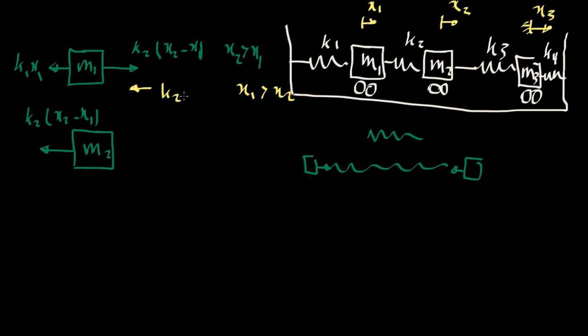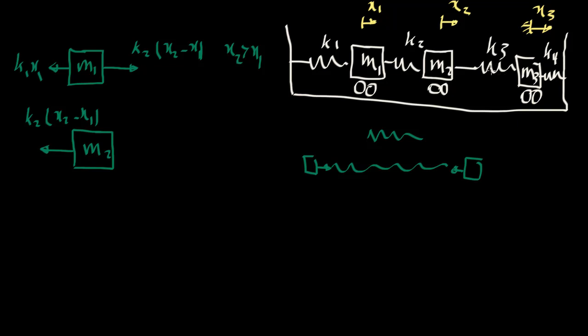And you have to put, for example, K2 times x1 minus x2, not x2 minus x1, because now this is a positive value, and you are showing the direction on the free body diagram. So let's get rid of this. Again, that assumption doesn't change anything, but we have to keep everything consistent. Okay, so that's the force that this spring exerts on this mass.